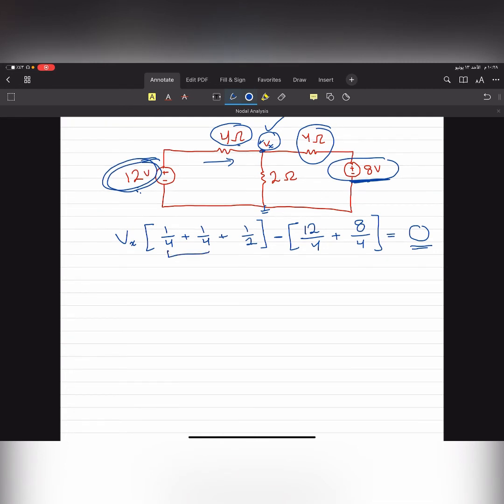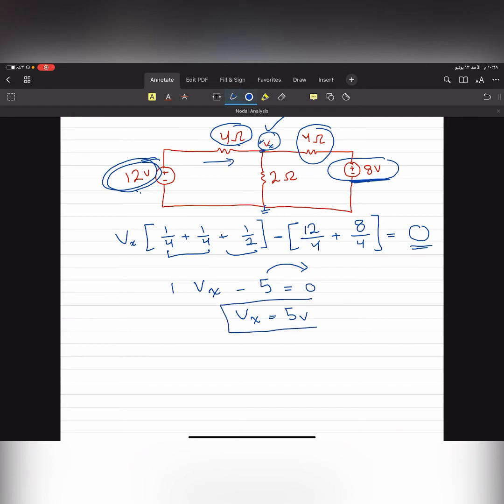We have a quarter plus a quarter plus a half, so it's 1, multiplied by Vx, minus 12 over 4, which is 3, and 8 over 4, which is 2, so 3 plus 2 is 5, multiplied by the minus, which will be minus 5, equal to 0. I will just move it there, so Vx is equal to 5 volts.